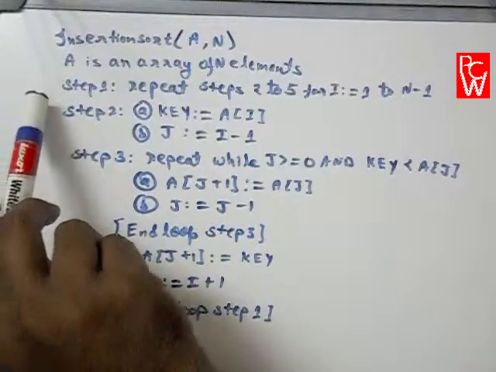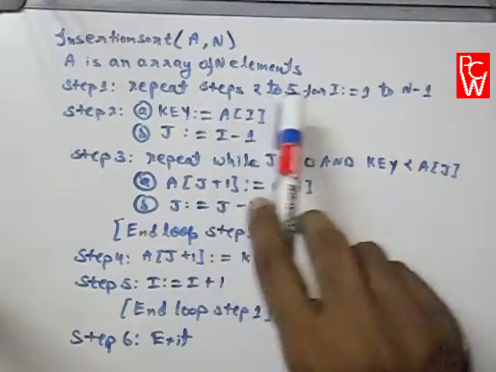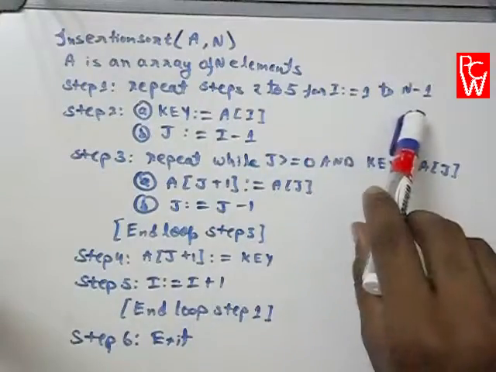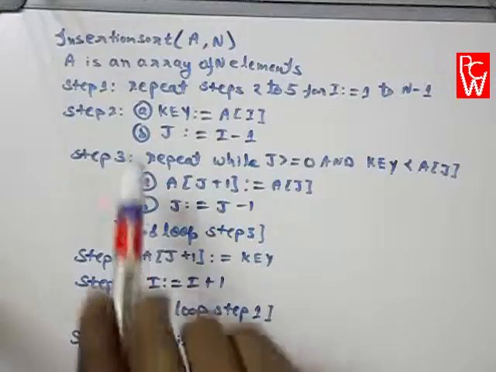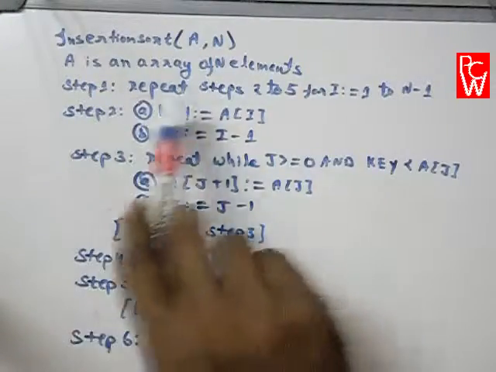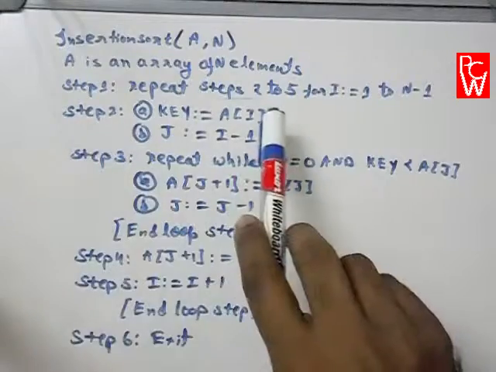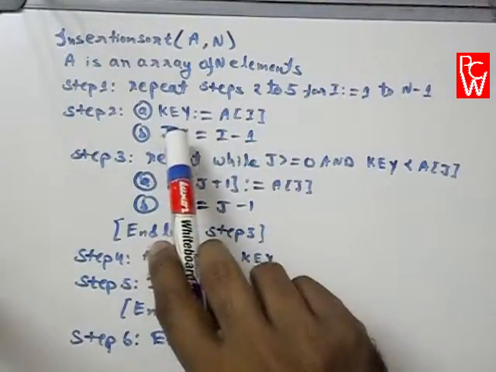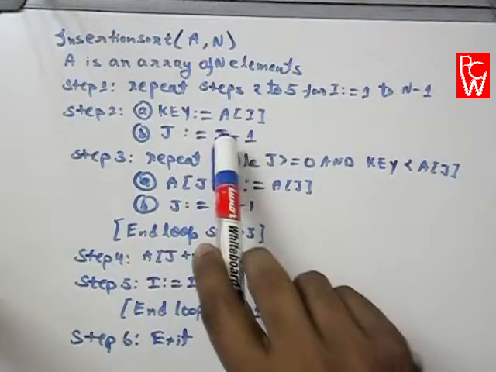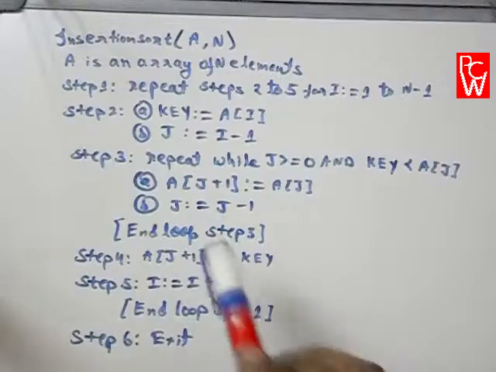Now in step 1 we are repeating the steps for the for loop, that is from 2 to 5. In the first step we have done the for loop. In the second step we are assigning a of i to key and assigning j equals i minus 1, that we have done in the program.